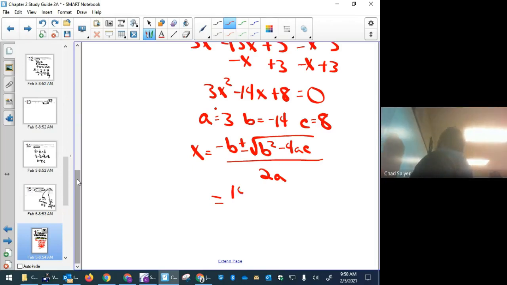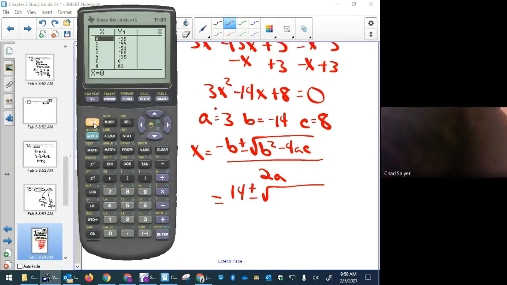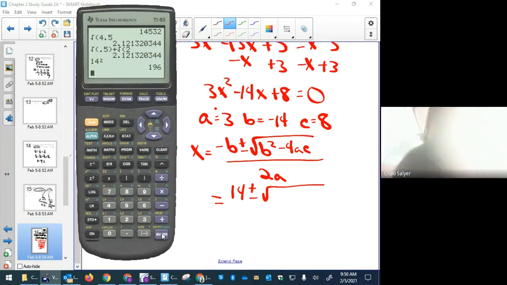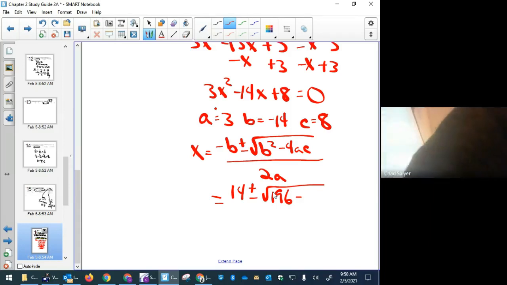So we got 14 plus or minus the square root. 14 squared, I think that's 196. Let me check though, because I'm not absolutely certain. Yeah, I was right. So 4 times 3 is 12 times 8, I think that's 96.